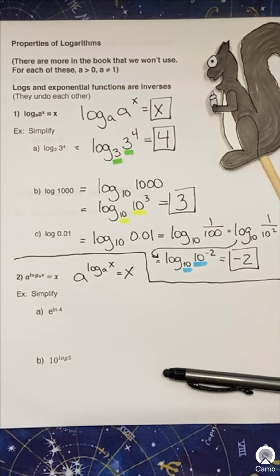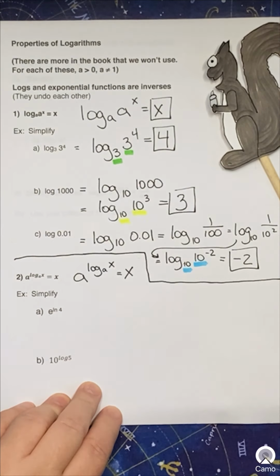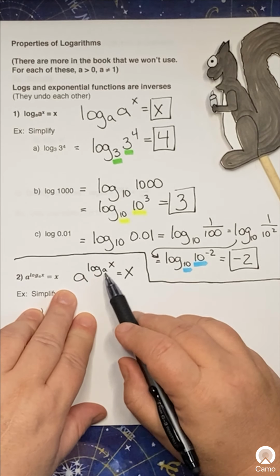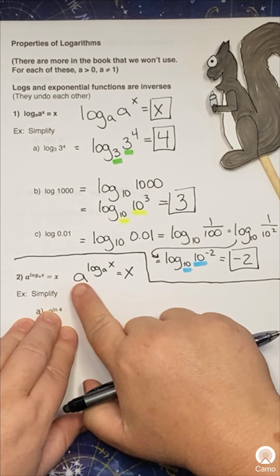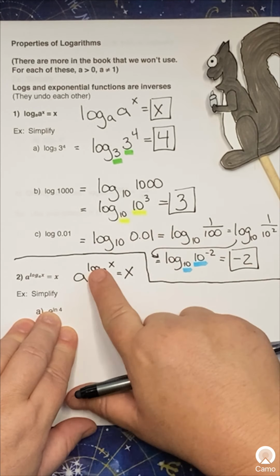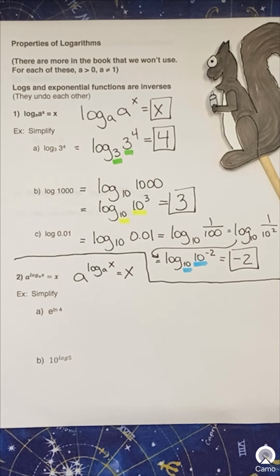And when they're put together, they undo each other. So if I raise a to the power of log base a of x, if these two things match, the x pops out, which is really useful.